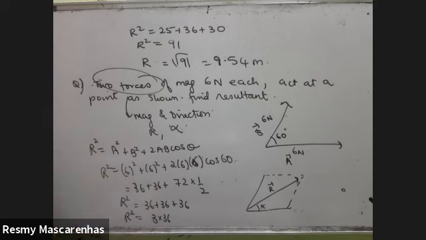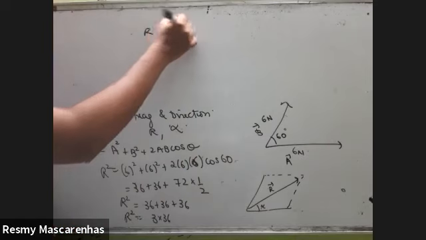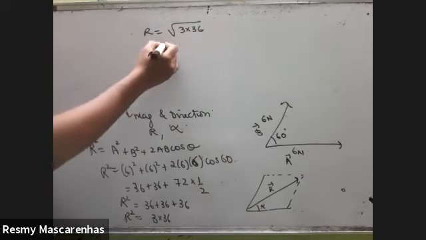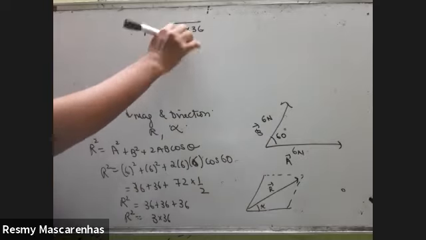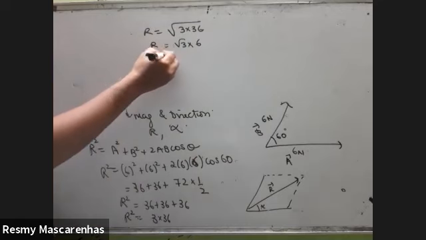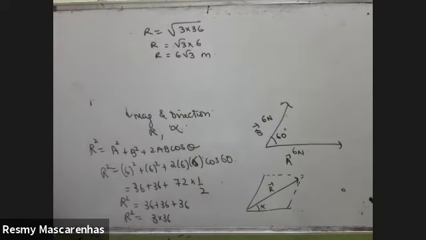So just see now, R will be square root of 3 into 36. So this will be root 3 and square root of 36 will be 6. The answer will be 6 root 3. You can do it this way. So this is your magnitude.